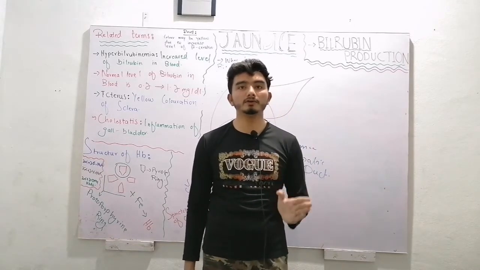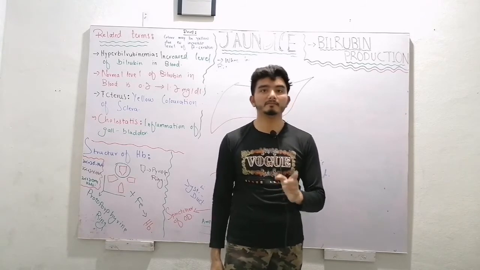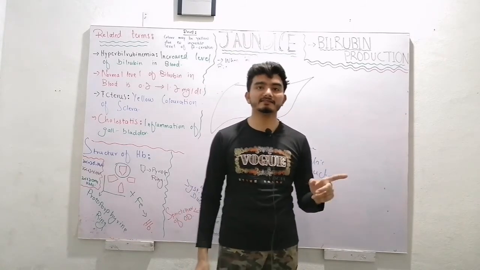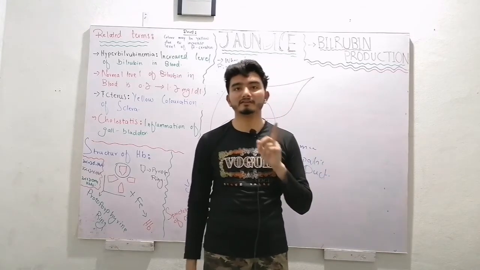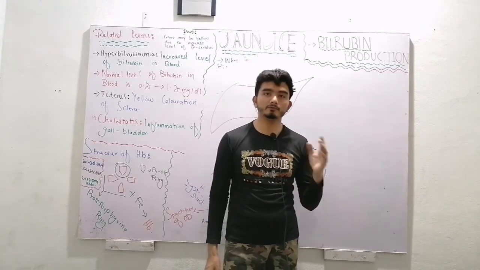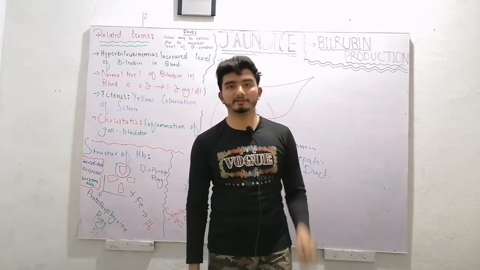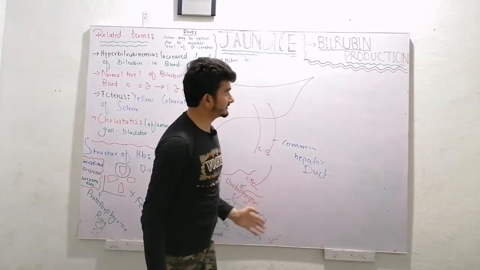Kernicterus is especially related to newborn babies, because their blood-brain barrier is very weak, and in that case the bilirubin can cross the BBB of newborn babies and cause kernicterus.